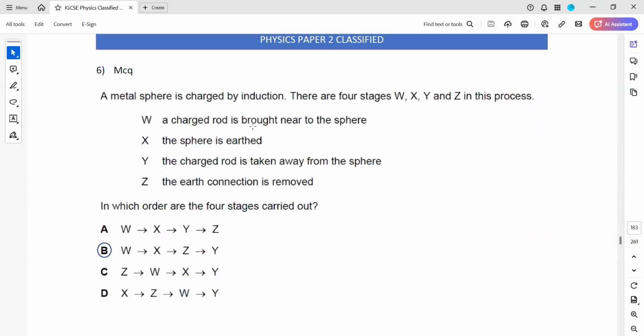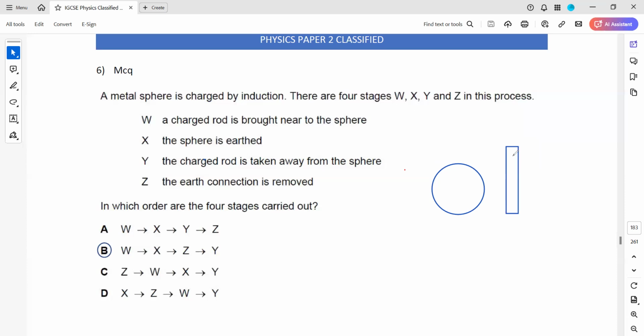In question 6, a metal sphere is charged by induction. So if we want to charge by induction, what are the stages we should follow to charge a metal sphere? First, a charged rod is brought near, so we should bring a charged rod. It can be positive or negative.